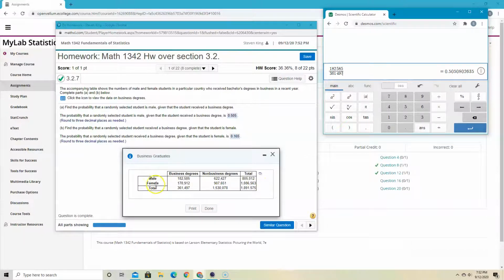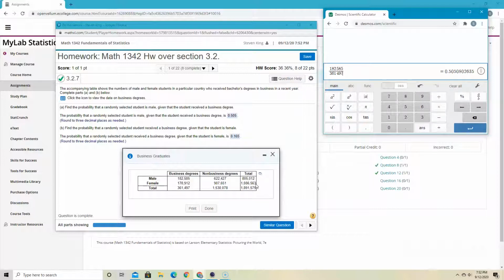Given that the student is from this population data set of interest, which means from this country, bachelor degrees in that recent year, but given that the student is a female, so now it's not out of all of these, because it's only out of a smaller group, only the females. So this number will go on the bottom.